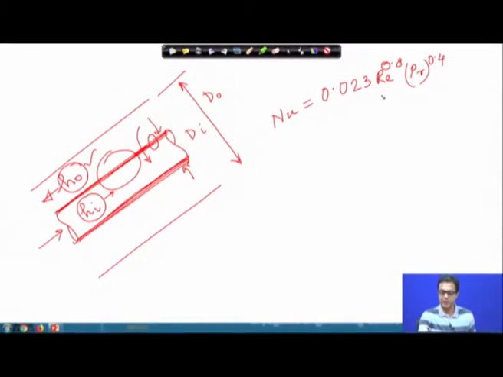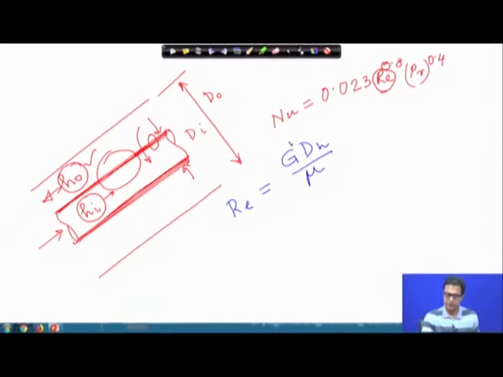So, this Re is the Reynolds number, and how to find out the Reynolds number corresponding to this water flow through this internal tube? This Re is G d I by mu.